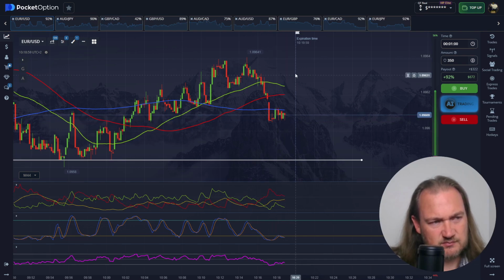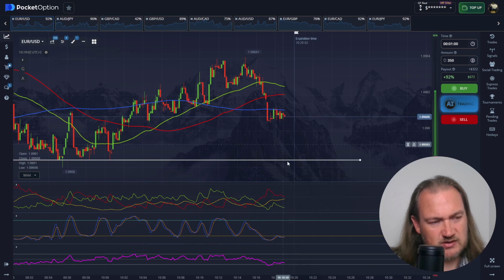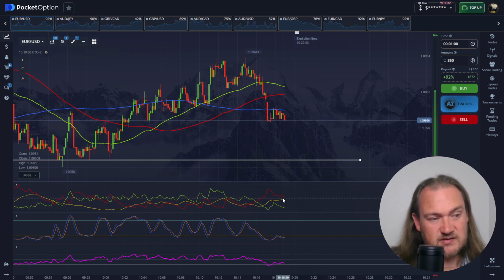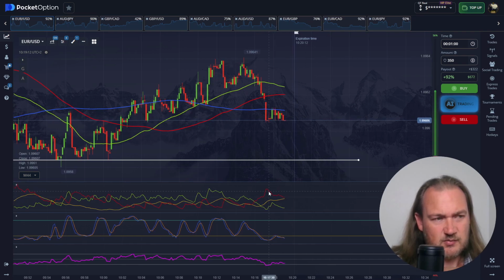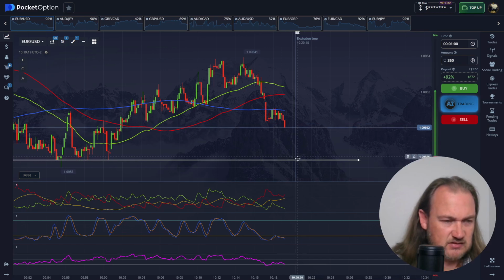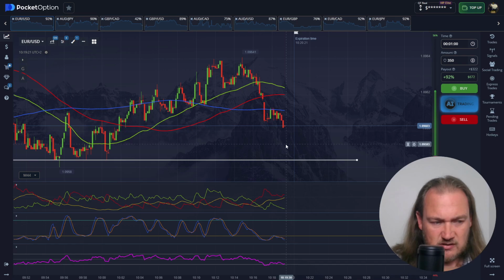If price doesn't spike up or down, my DI will almost flatline, and then if we do get another spike, DI minus spike, the red is the DI minus. If we do get another big spike here, and it hits on or just above this area, it could be worth taking a buy trade.